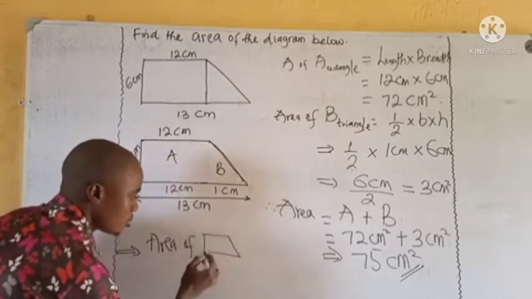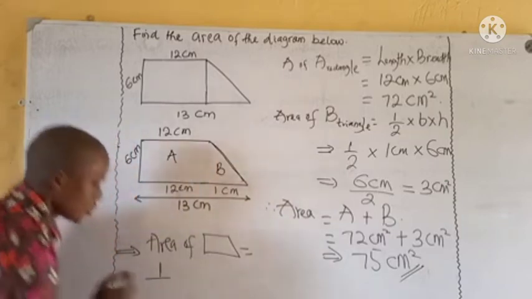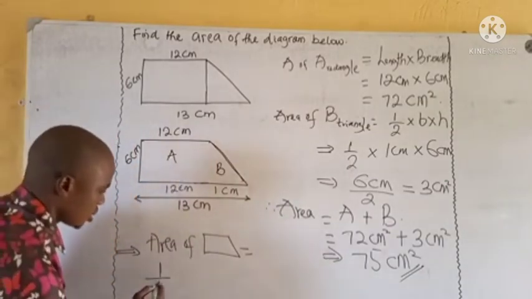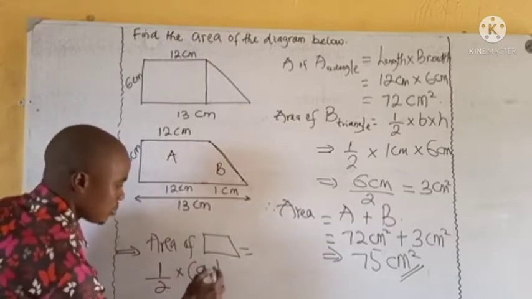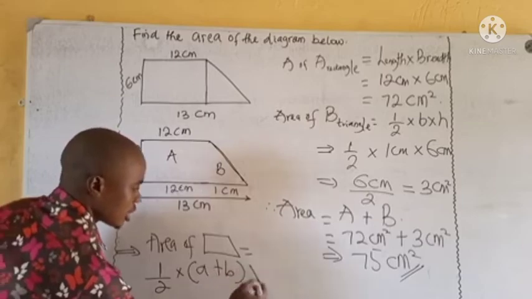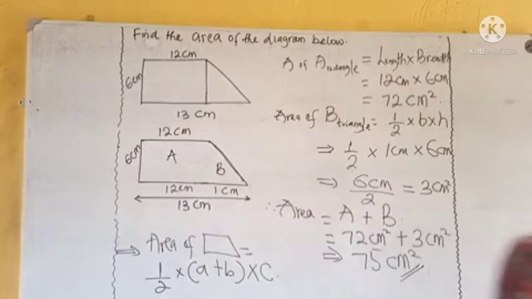This trapezium is equal to 1/2 multiplied by A plus B times C.